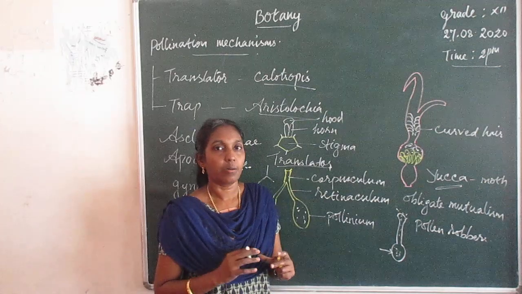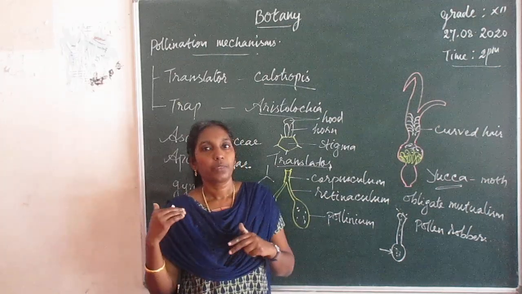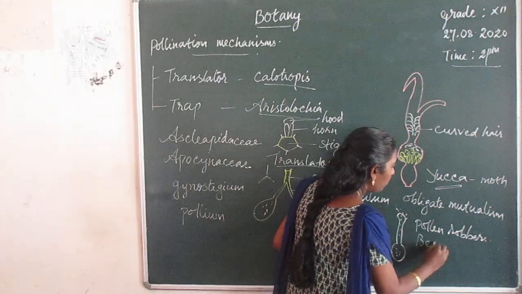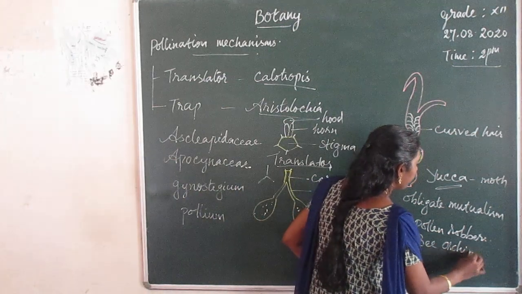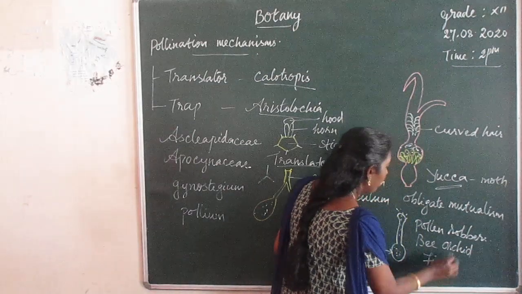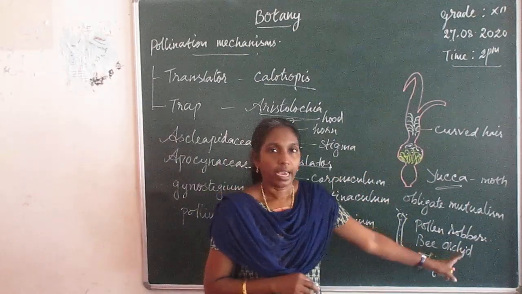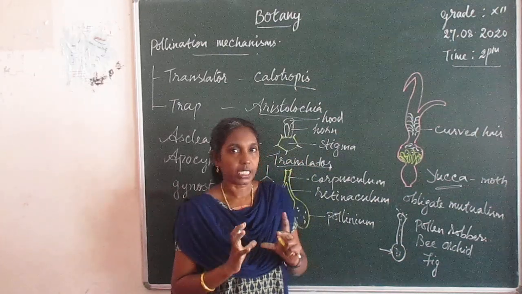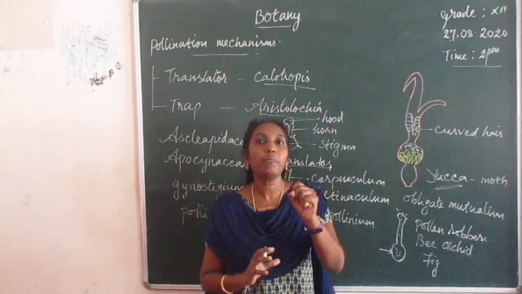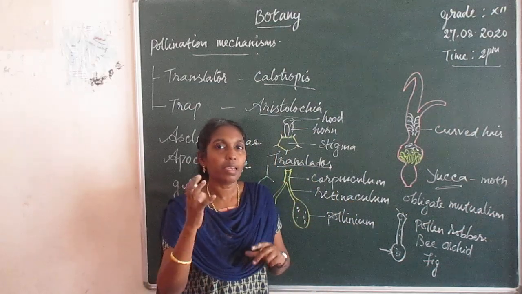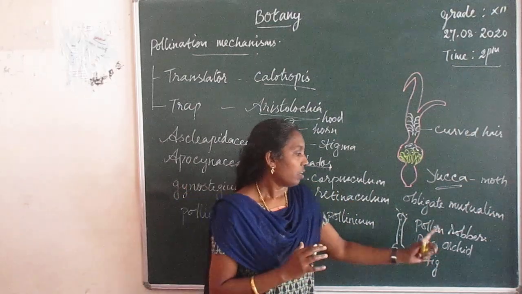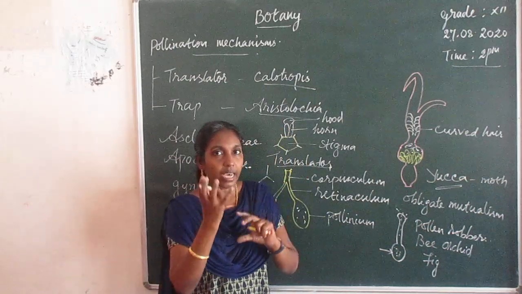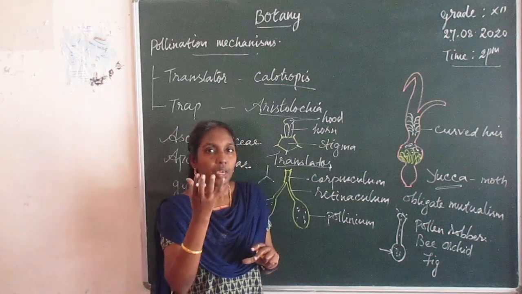Likewise, another example of plant insect interaction is the bee orchid. In the bee orchid, the floral parts mimic; the perianth looks like a female wasp.